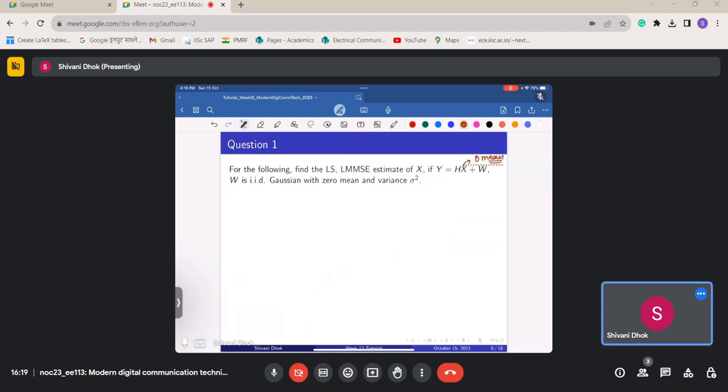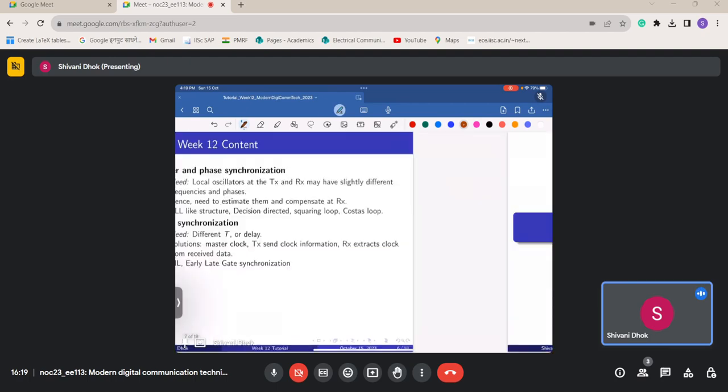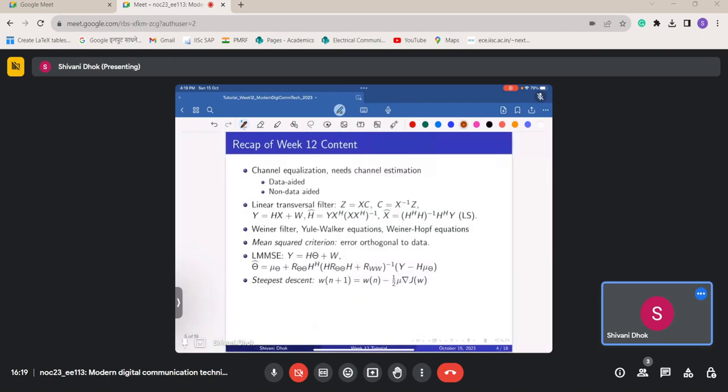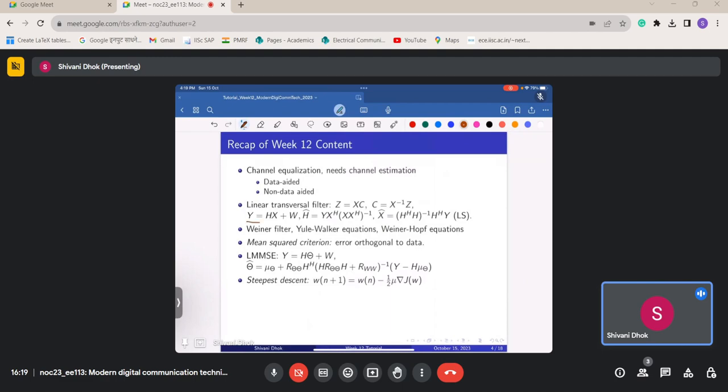Okay, so let's start with the least square. So what do we have? We have y equal to hx plus w, and we need to find x hat for least square. Now if you observe carefully, we had seen this here. So x hat will be h Hermitian h inverse h Hermitian y.